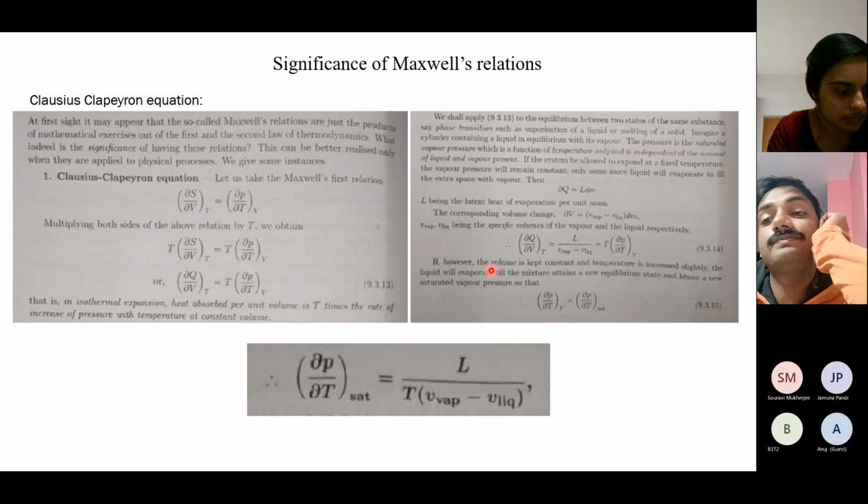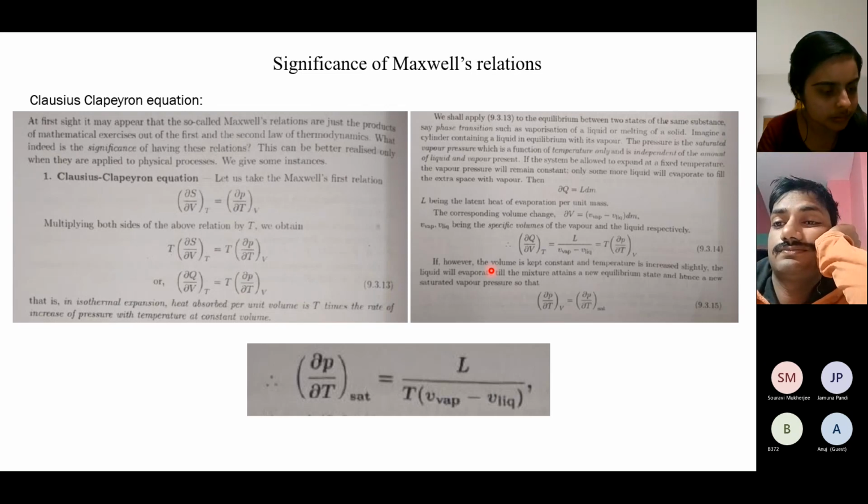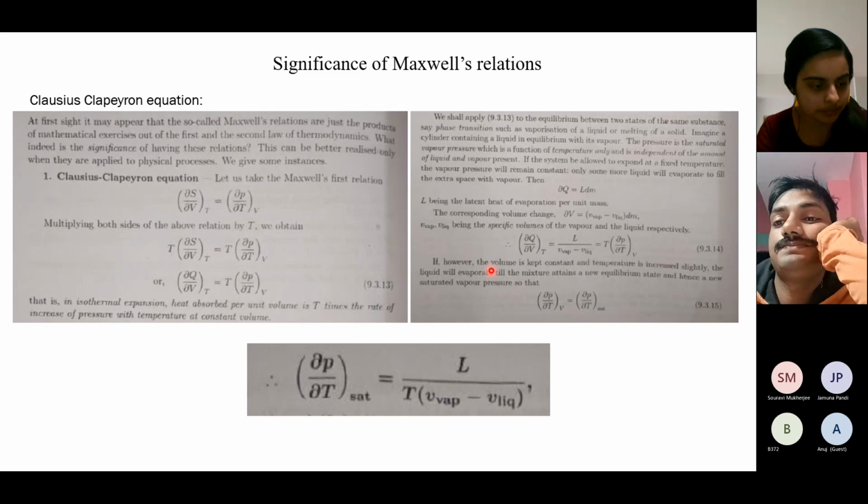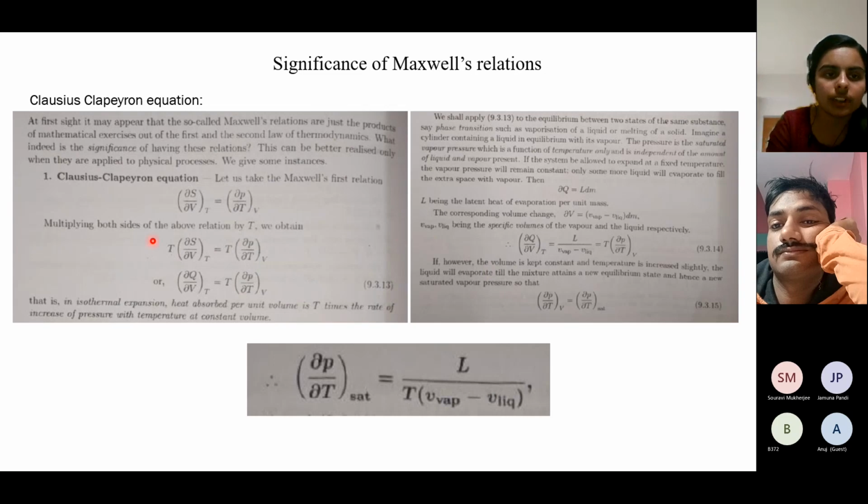Everyone? Hello? Yes, ma'am. Okay, because there's no connection sometimes. So the Clausius-Clapeyron equation makes use of this first Maxwell's relation.